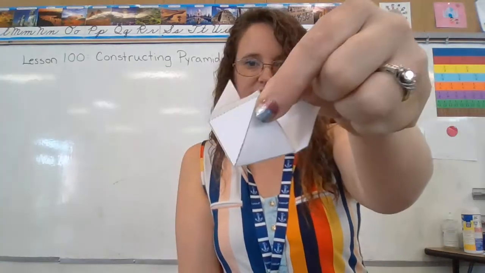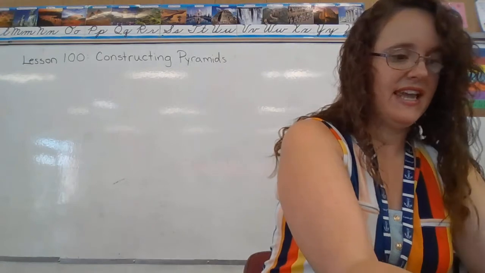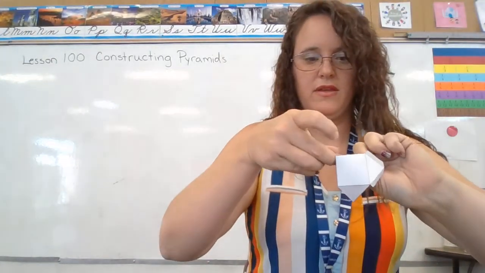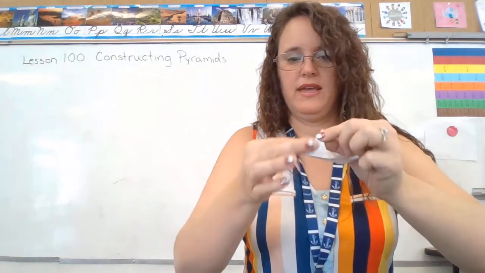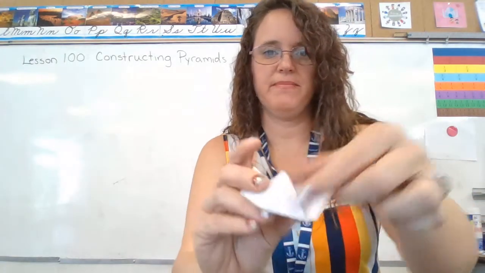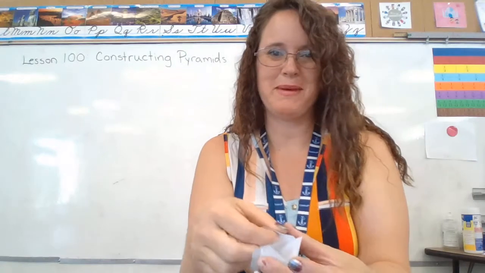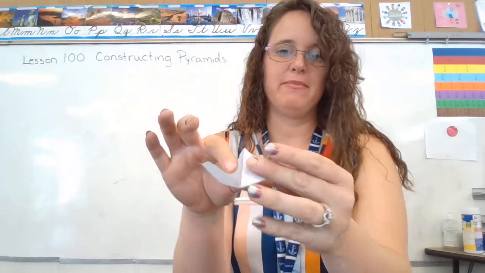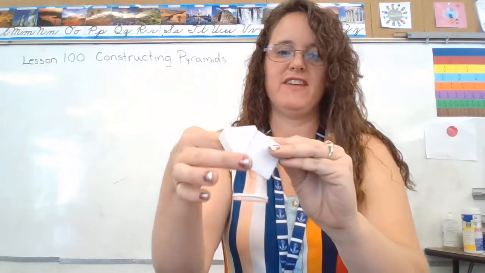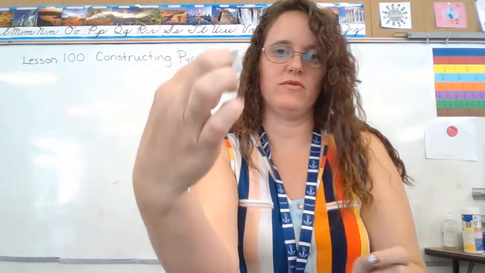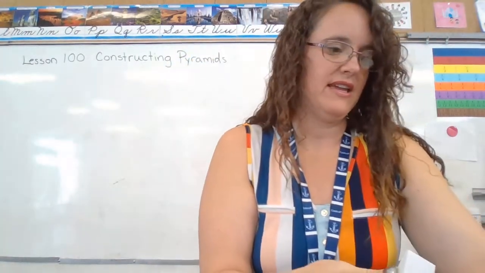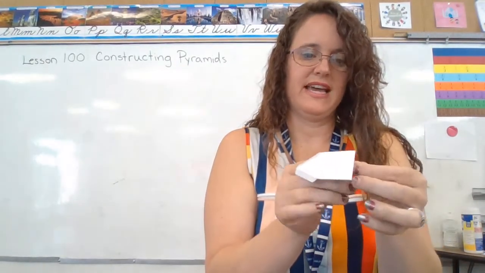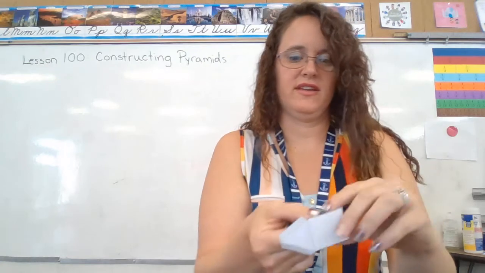I'm going to pinch it together like that, and then take my little piece of tape and attach them. Then I'll do the same thing. Take my flap there, stick my finger inside through the hole there and get a little piece of tape so that I can attach that edge.